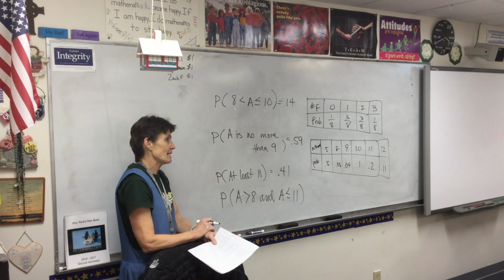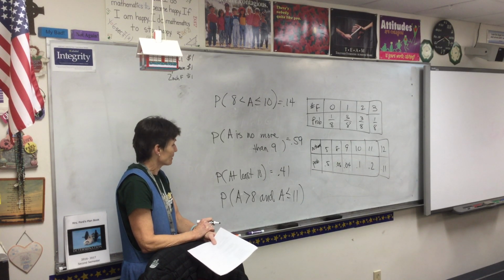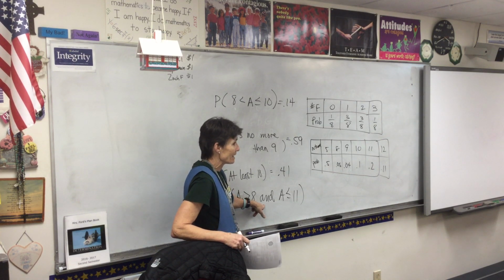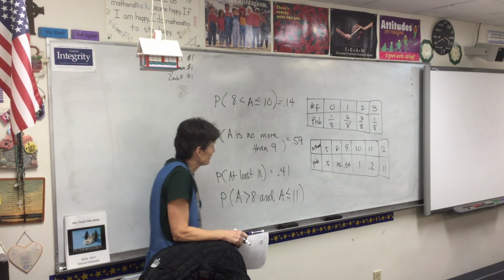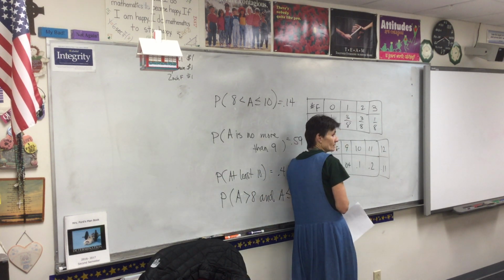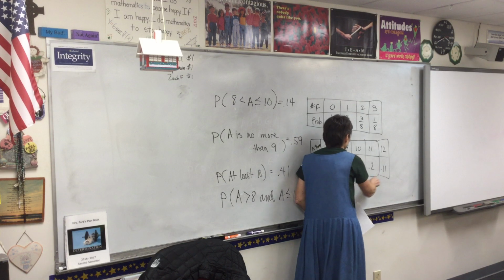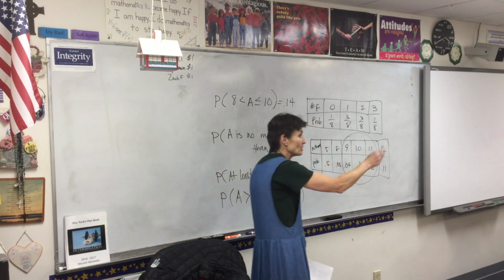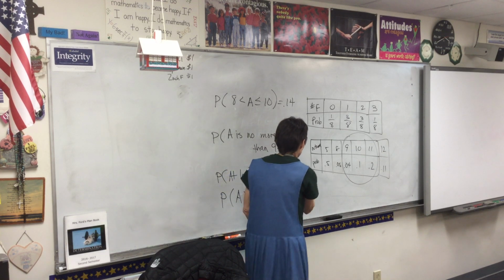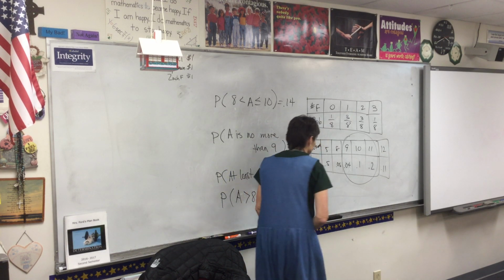That vertical bar has a meaning, but we haven't discussed it. I'm not going to. So it's just A, we're gonna do A is greater than 8 and A is less than or equal to 11. So if we're greater than 8, so 9, 10, and 11, so this is what we're looking at, right? 9 or 10 or 11. So that would be 0.34?